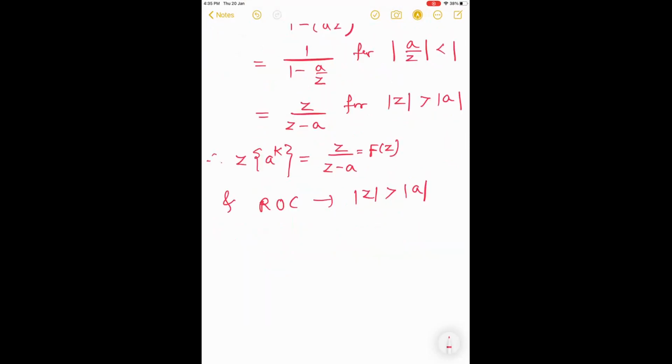Have you understood? So you can remember this answer for a raised to k. In general, if I take the example, find the z transform of, suppose, 2 raised to k for k greater than or equal to 0. Then what will be my answer?